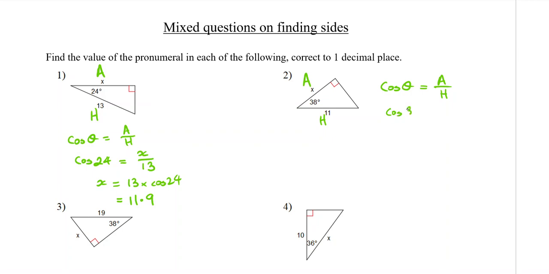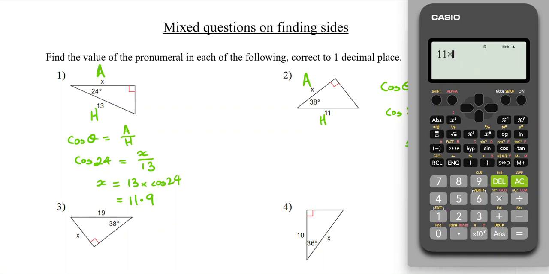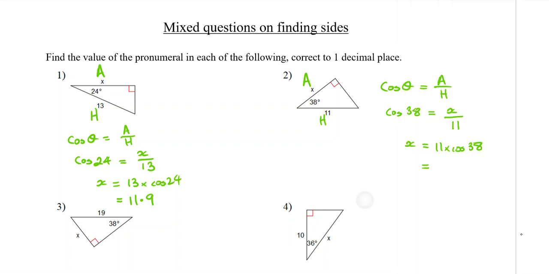Cos the angle is 38 equals, what's the A? X. Good. What's the H? Good. X is on the top again. So times it. And then type it in your calculator. Oh, 11 times cos 38, so it's 8.7.